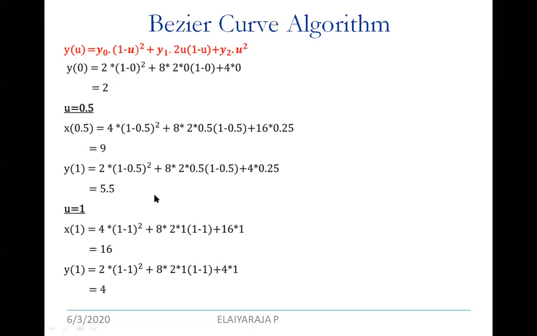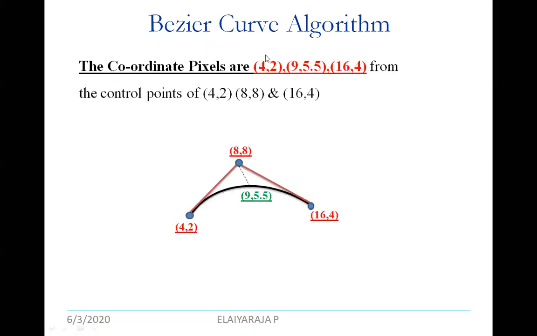So what are the control points values here? They gave 4 comma 2, 8 comma 8 and 16 comma 4. These are the control points given. Using these control points, which may not lie exactly on your curve, the control points help to travel from the initial position to the end position.